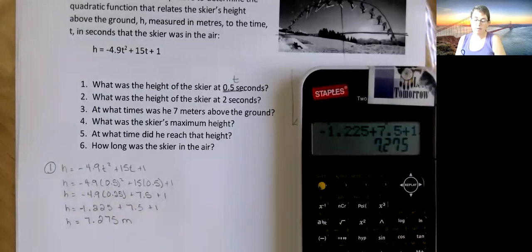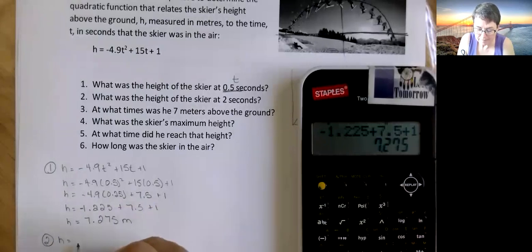Okay. Well, what was the height of the skier at 2 seconds? Well, it's going to be exactly the same question, except I'm going to use a 2. Part of me says, why am I recopying it? Well, I want to get this right.